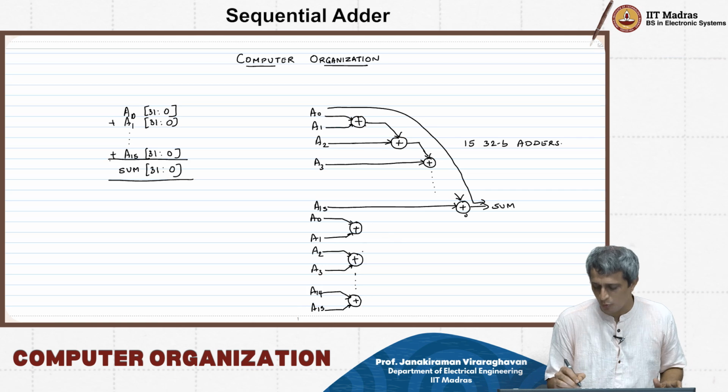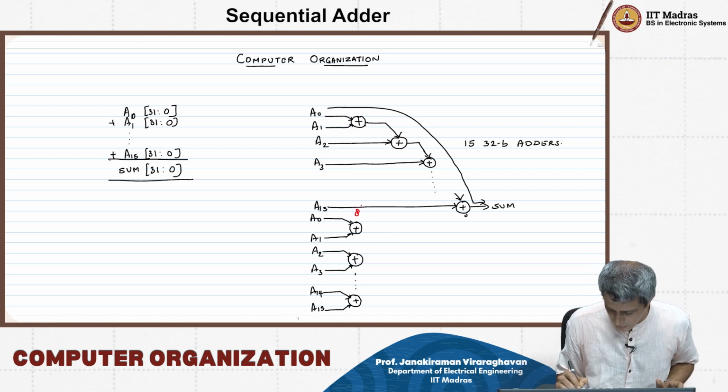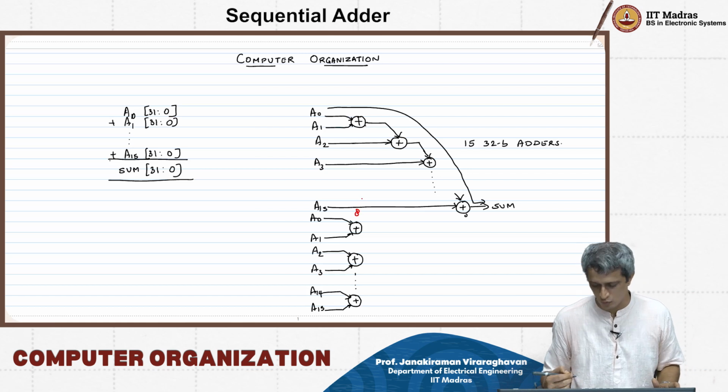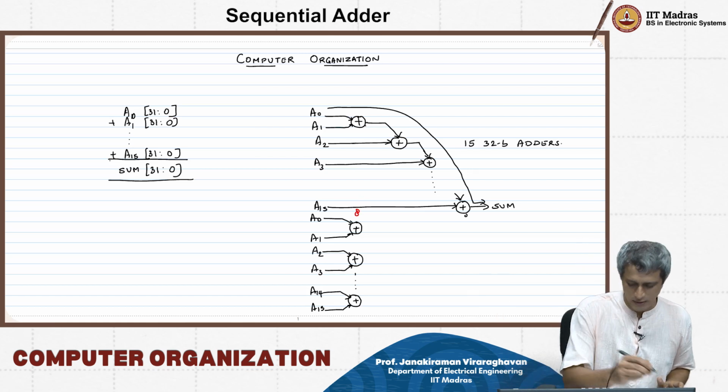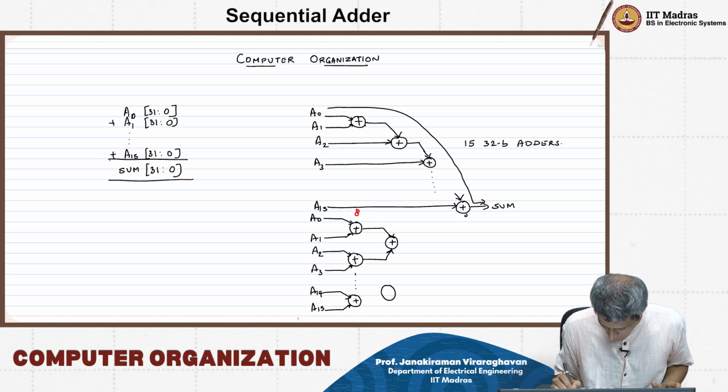Then, how many adders do I have in this stage? I have 8 adders because I have 16 divided by 2 of them. Likewise, I can put another bunch of adders here to add these two, and so on. You can do all this.